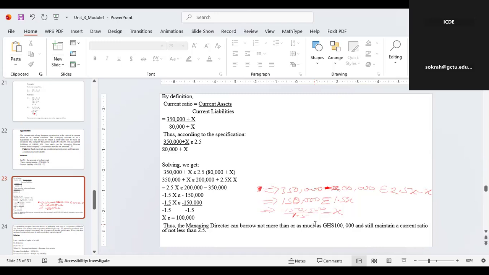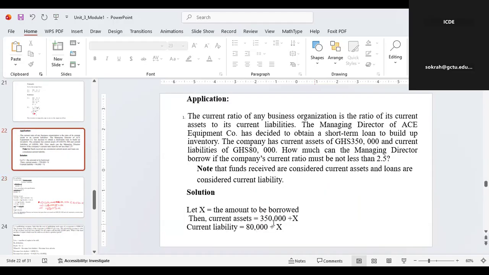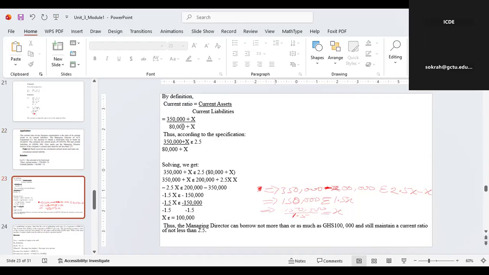So now you have stated all of them here, and you just pick them and divide. So it's going to be 350,000 plus X divided by 80,000 plus X. So that is what you see there. But this should not be less than 2.5. So this is the symbol we are using for that. That symbol you see there, let me enlarge this.